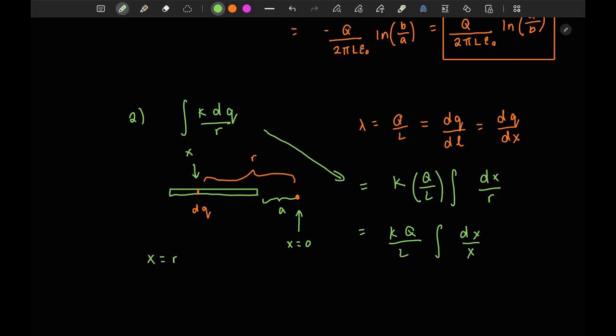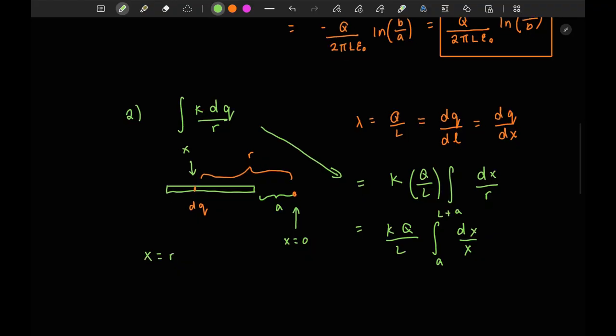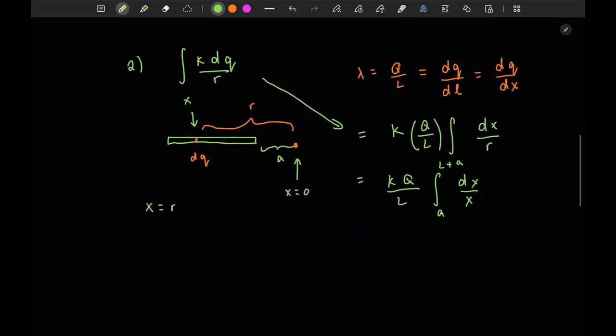Lastly, our bounds of integration will be from the start of our rod, which is located at x equals a, to the end of our rod, which is located at x equals L plus a. What's our result? We get KQ over L natural log L plus a over a. Now that isn't the end of our problem.